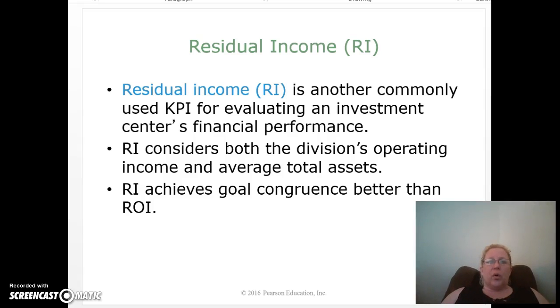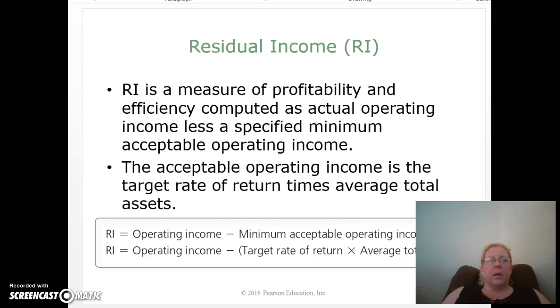RI also incorporates another piece of information: top management's target rate, such as the 16% target rate of return in the previous example. The target rate of return is the minimum acceptable rate of return that top management expects a division to earn with its average total assets.